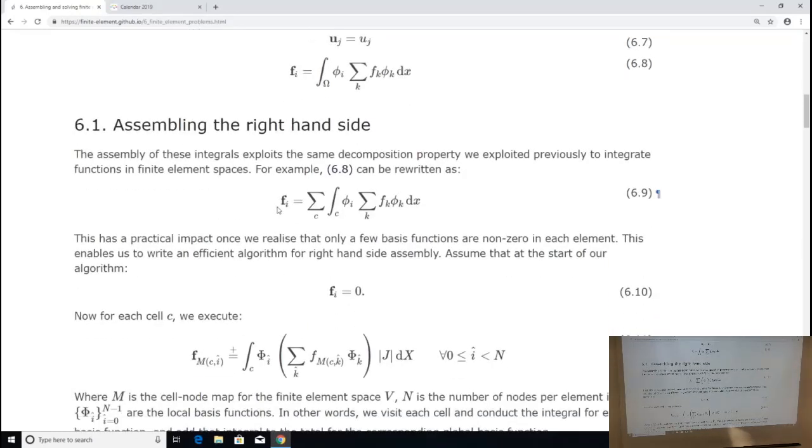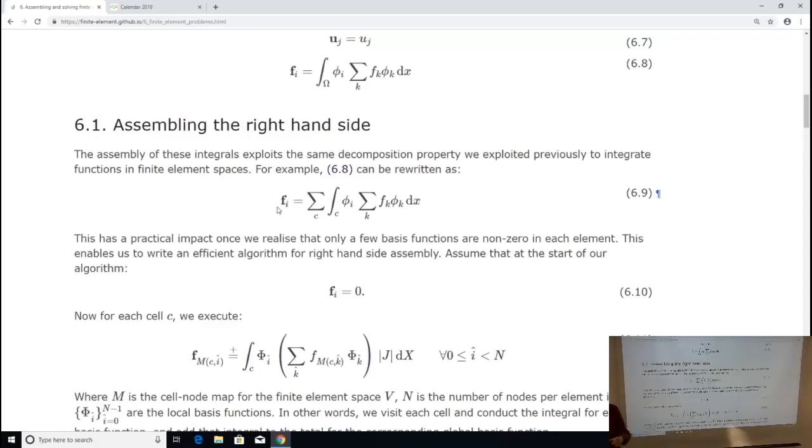because the entry fi corresponds to the integral of phi I times this thing on the right-hand side. And phi I is 0 in almost all elements. Right? So phi I is the basis function corresponding to one global node. And global nodes live on the topology somewhere.